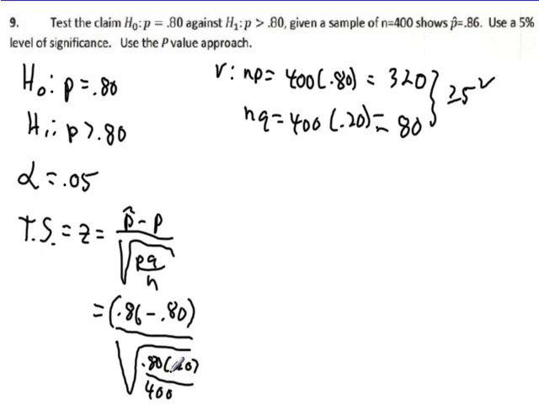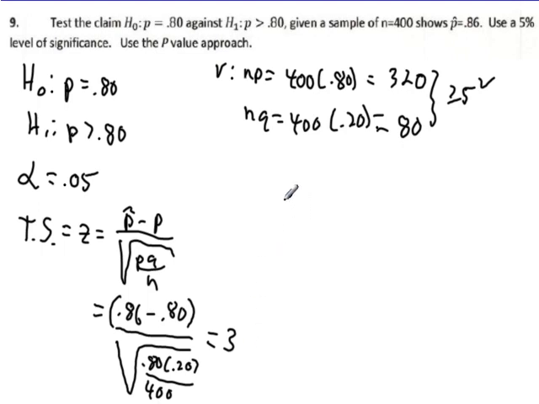Then take the square root. Then take 0.06, which is your answer on top, divided by that. When I do all of this, and you should verify this, since the calculator is very important to how you compute things, make sure that you get the same answer as I do. I get a z value of exactly 3.